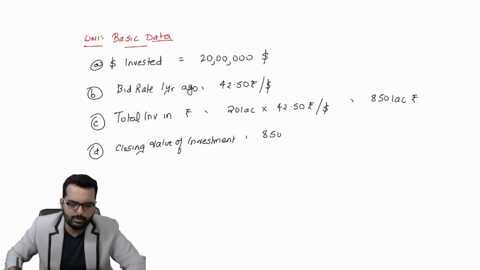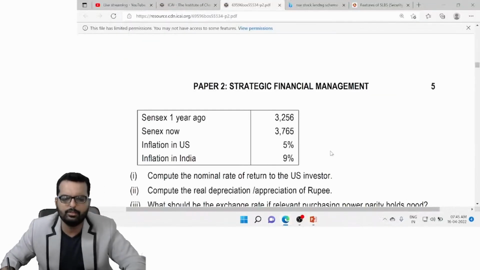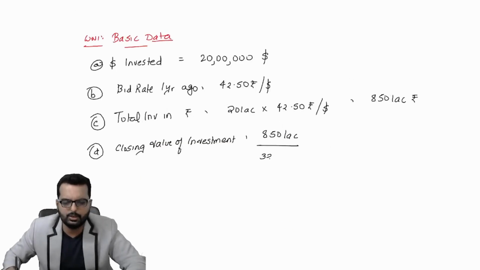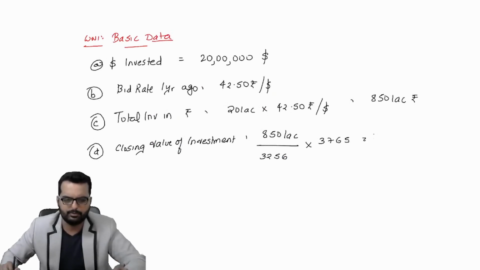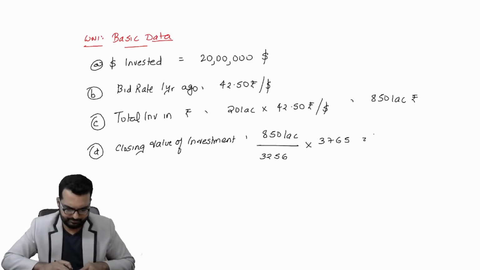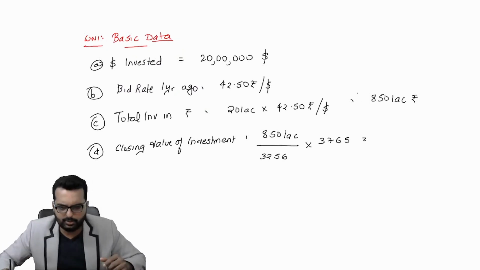Closing value of investment will be 850 lakh was invested at 3256 and now it has become 3765. So I get the closing value as 982 lakh 87,000 rupees.